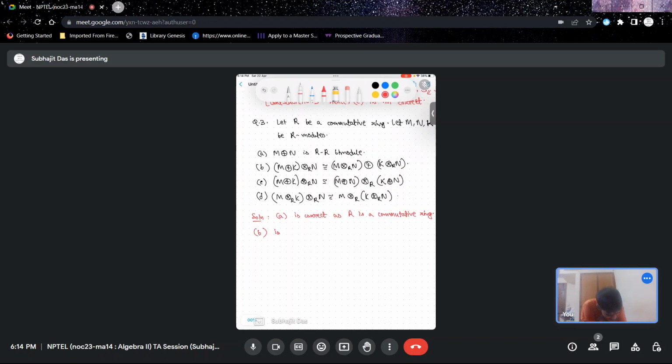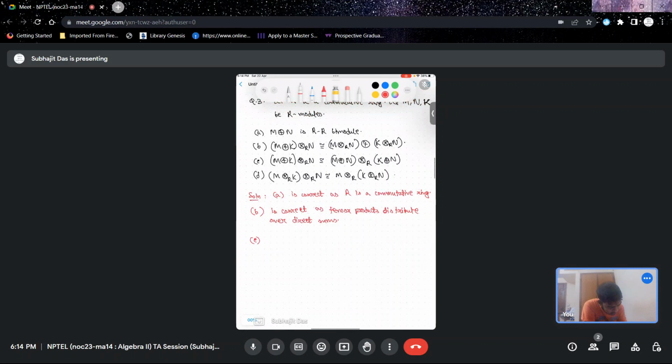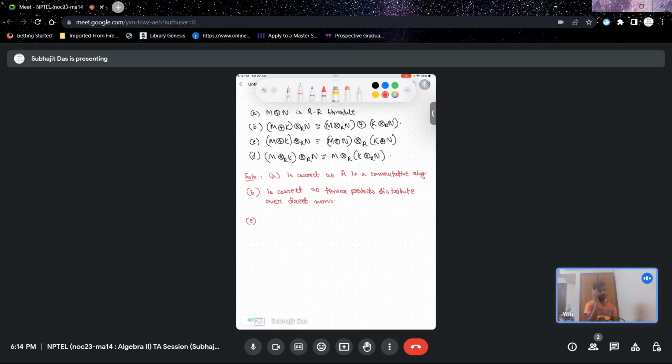Option B says, okay, this is again your usual fact. So B is correct, as tensor products distribute over direct sums. Option C, whether this would be correct or not, we can come up with an example in this situation.